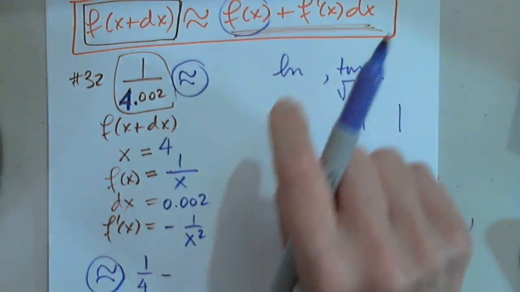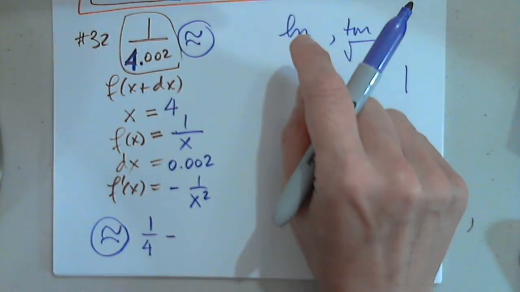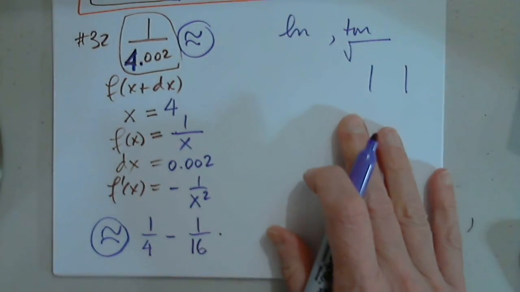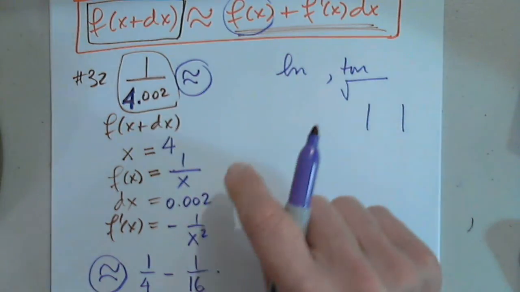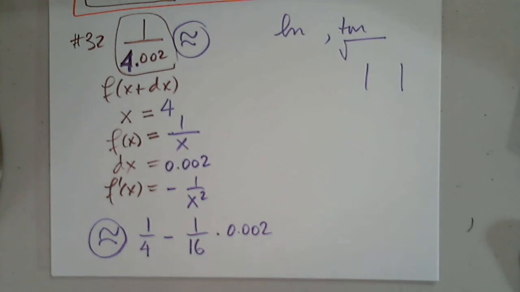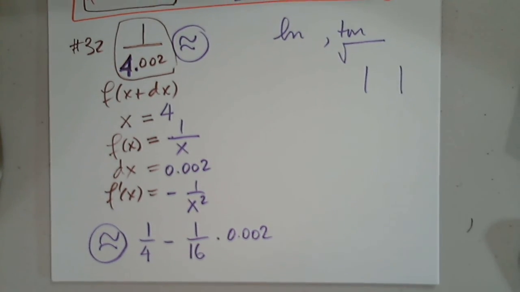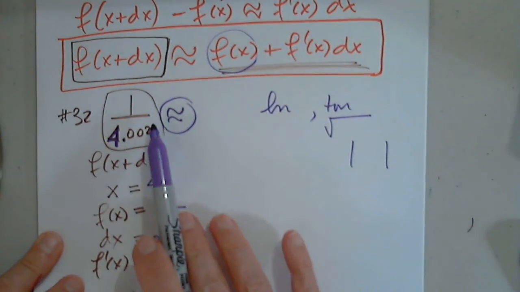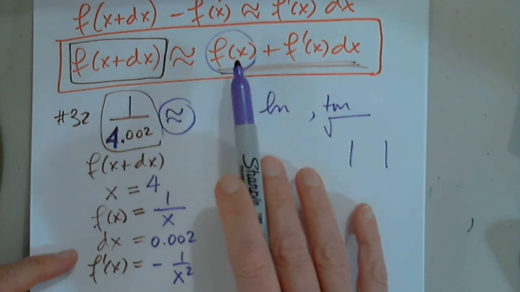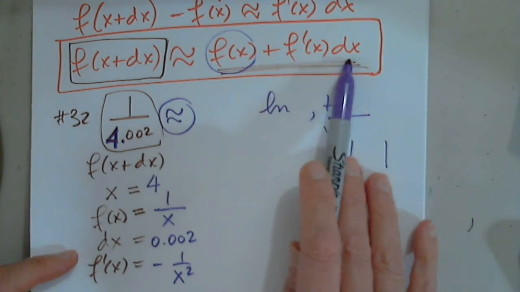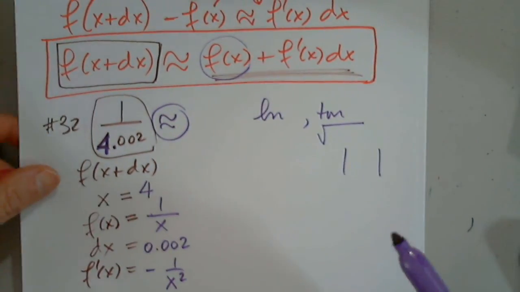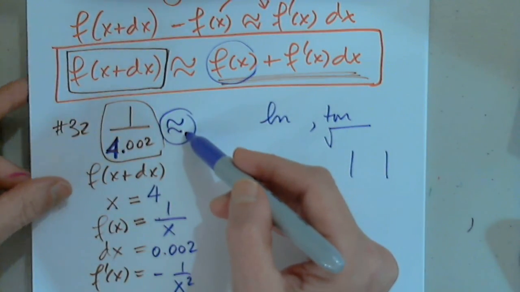Now I have f prime of 4, so I have negative 1 over 16 times dx, which is 0.002. I'm done, but I have to clean it up. So I'm estimating something like this using the function itself of that number and the differential of y. This is dy. And this will be an approximation. This is not the equal symbol.